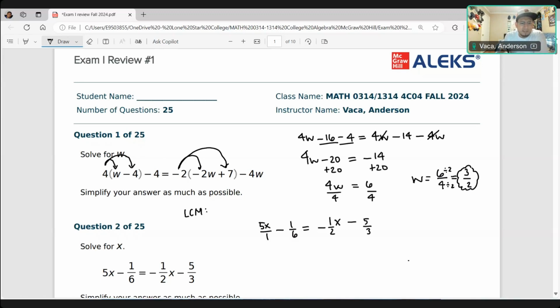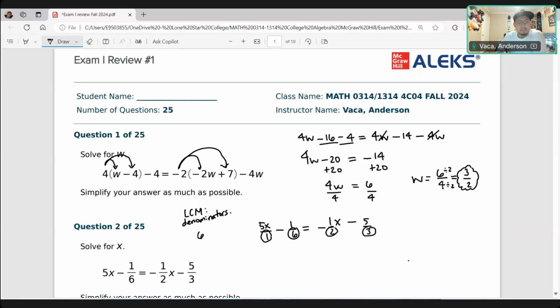So I am going to find a least common multiple for the denominators. And what that allows us to do is to rewrite the example without the need of fractions. So let's see. Here are the denominators: 1, 6, 2, and 3. The least common multiple out of these numbers will be 6.